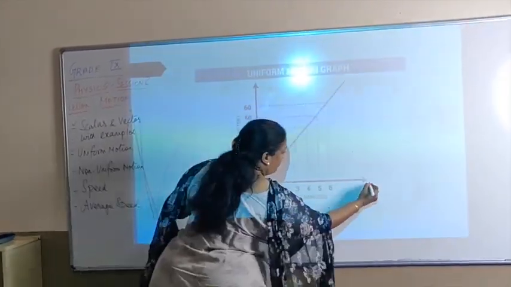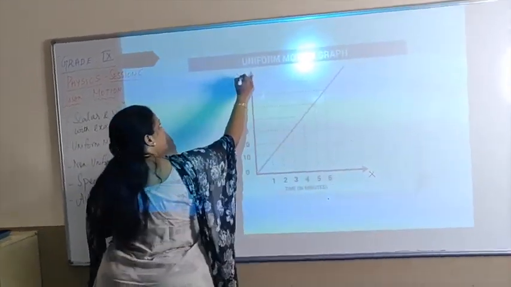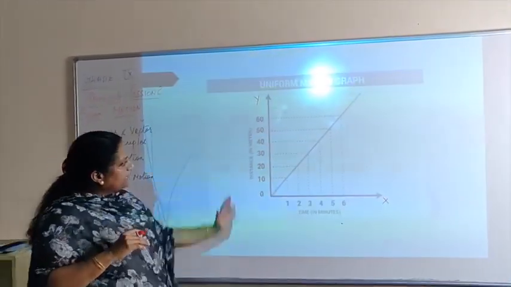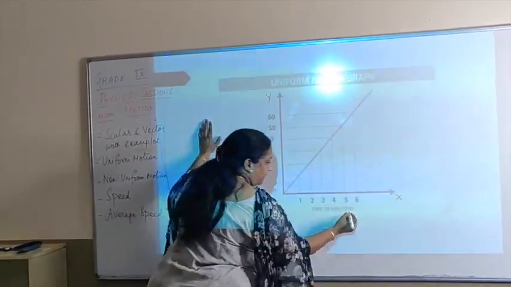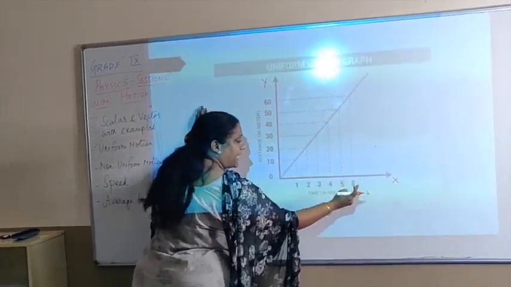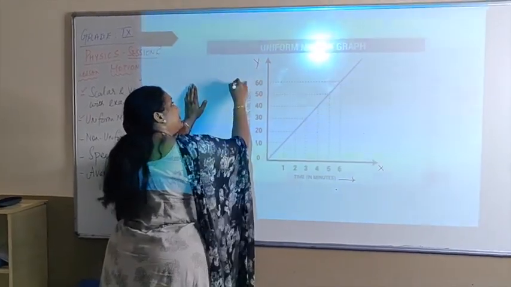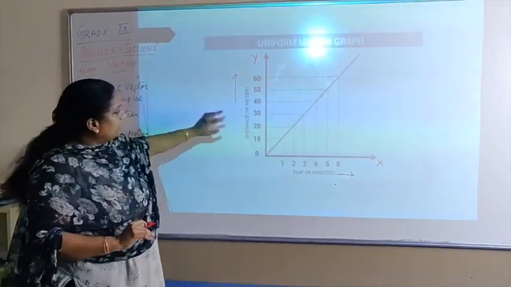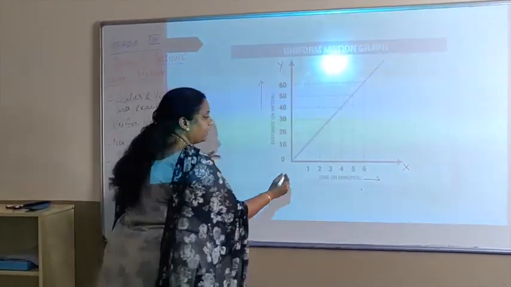As we've learned in maths, what is along the horizontal is the x-axis, and what is along the vertical is y. I have put time in minutes on the x-axis, and as the time passes, what changes? The distance covered is changing. So I have put distance on the y-axis. Let's understand now.